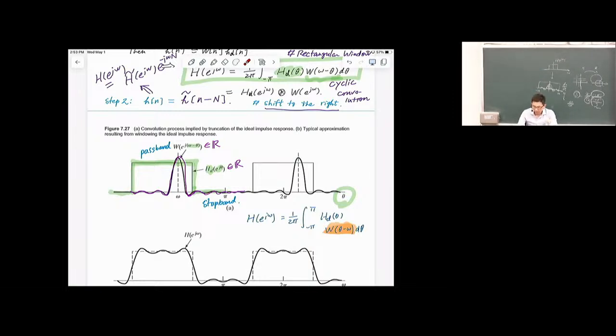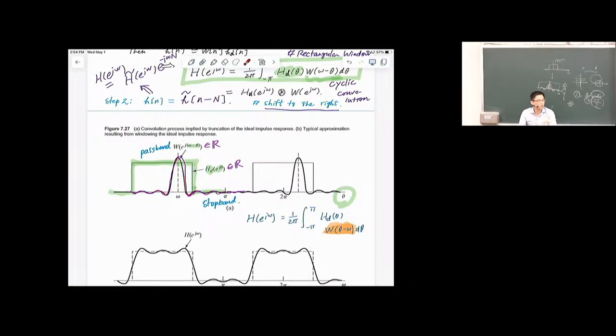So for every omega, we can just calculate the area. We know that the positive and negative parts will cancel. So we calculate the area in between these two frequencies, because elsewhere the ideal response is 0. So we calculate really the overlapping area under the curve right here. That's how you calculate it at every omega.